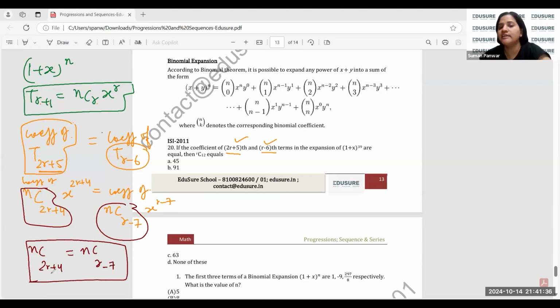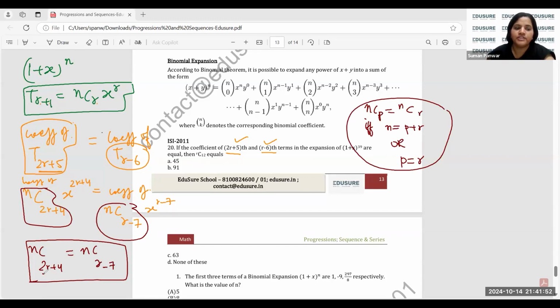After that, we have a standard result that nCp is equal to nCr if and only if n is equal to p plus r or p is equal to r. There are only these two conditions. When we put this equal to this, we get a contradiction. So what we get is 2r plus 4 plus r minus 7 is n, and my n here was 39.